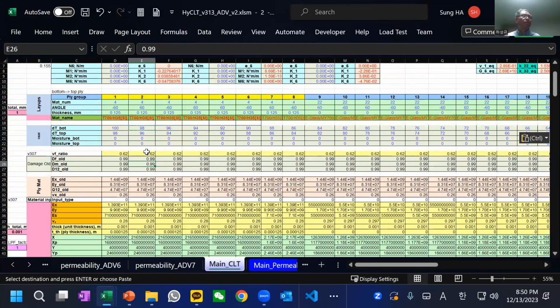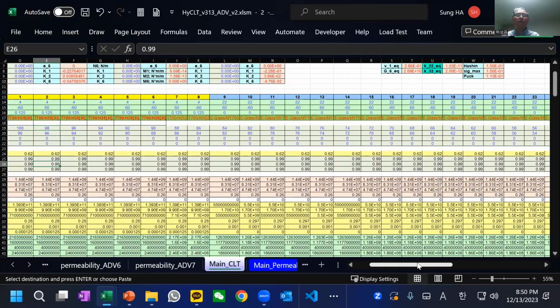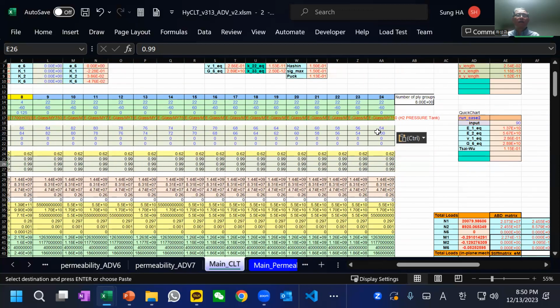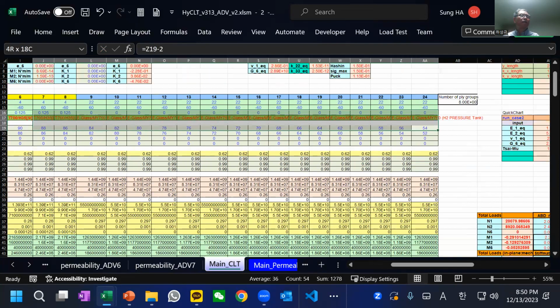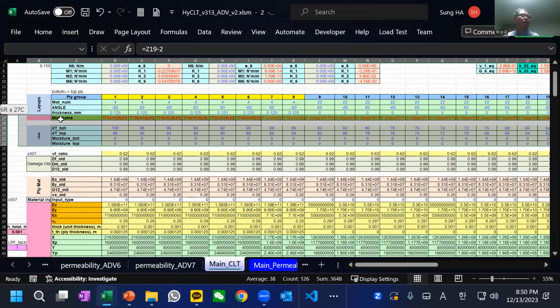So as you can see, 198 and so on, and decrease, and then you can say it's going to be 52. So temperature simply varies through the thickness.